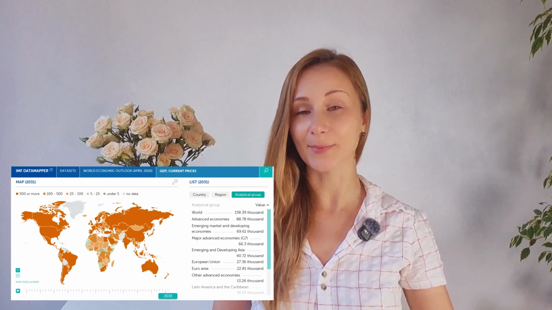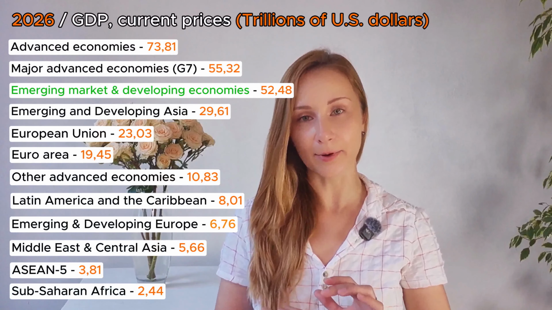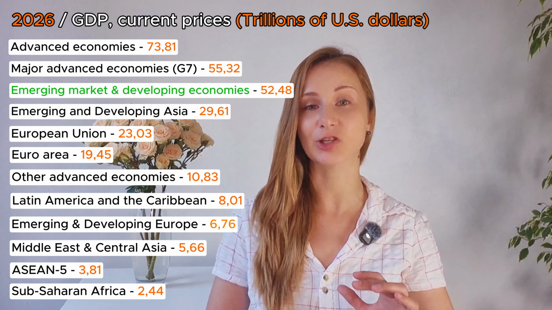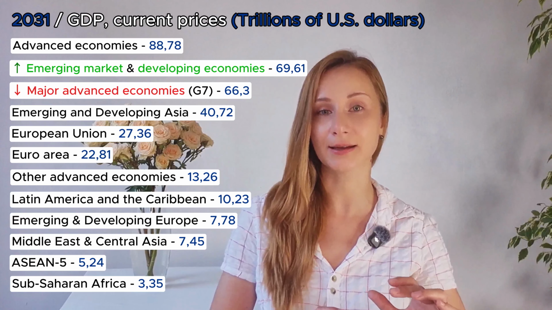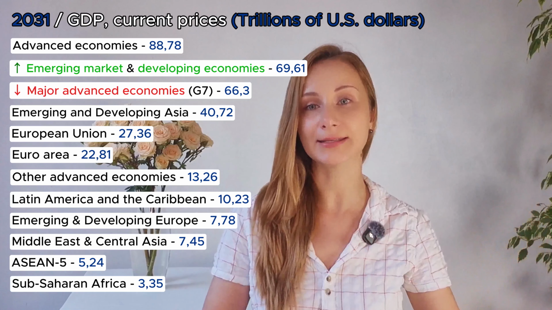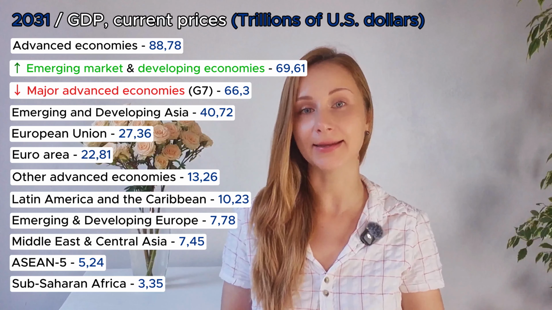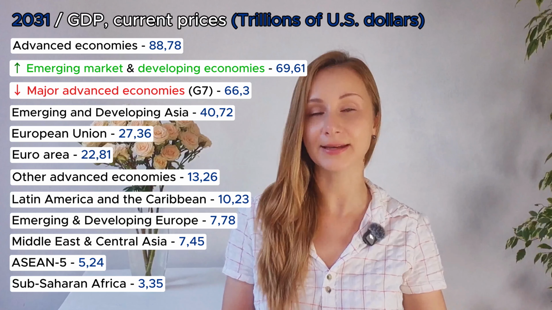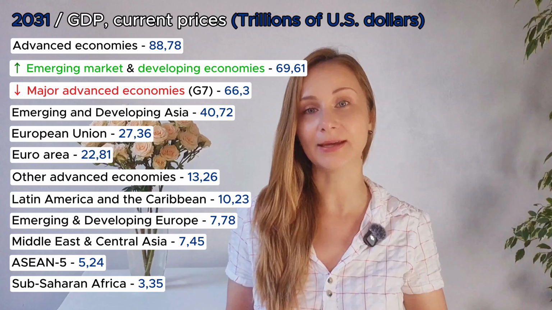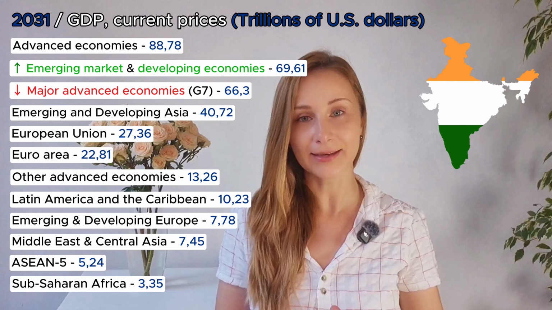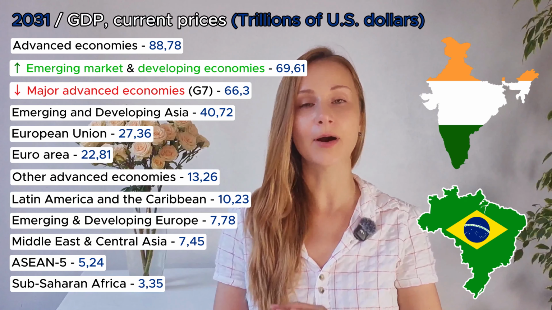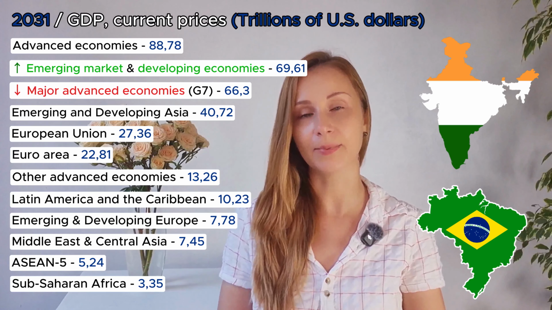But what's even more interesting is that emerging market and developing economies are expected to overtake the G7 major advanced economies and move into second place among the analytical groups. So they will rank just behind advanced economies in terms of GDP at current prices. And India and Brazil will be the main driver of growth among the emerging market and developing economies. And that is really interesting.